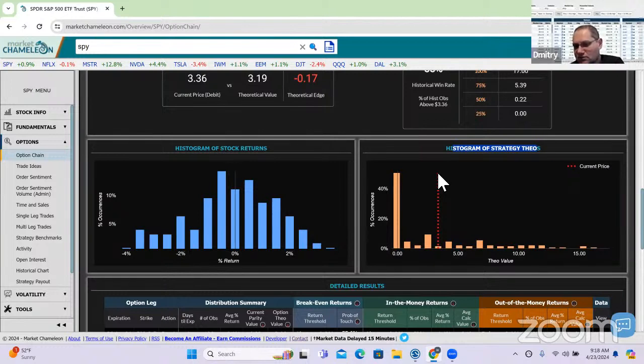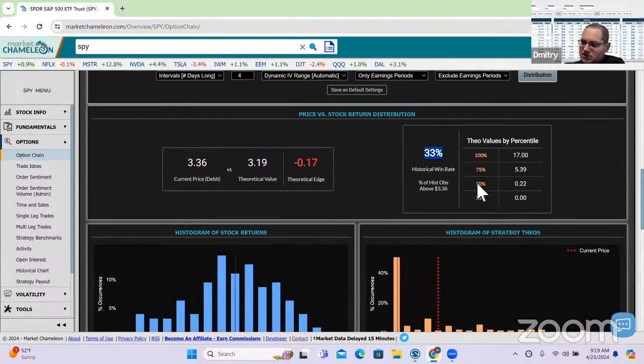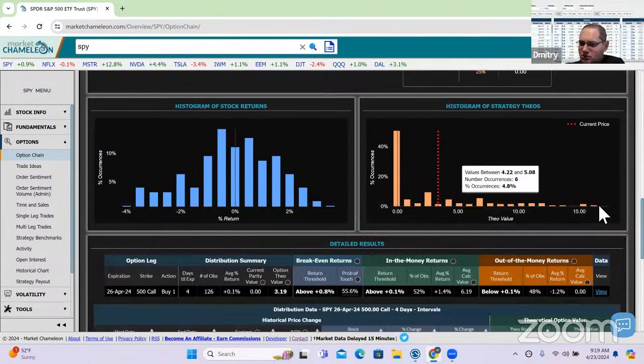and to the right of it, right? So to the left of it is the times that it would have been unprofitable. To the right of it, times it would have been profitable. So when we talk about win rate, 33% of the time, that would have been all these would have been a win. And you could see that these are all over the place.